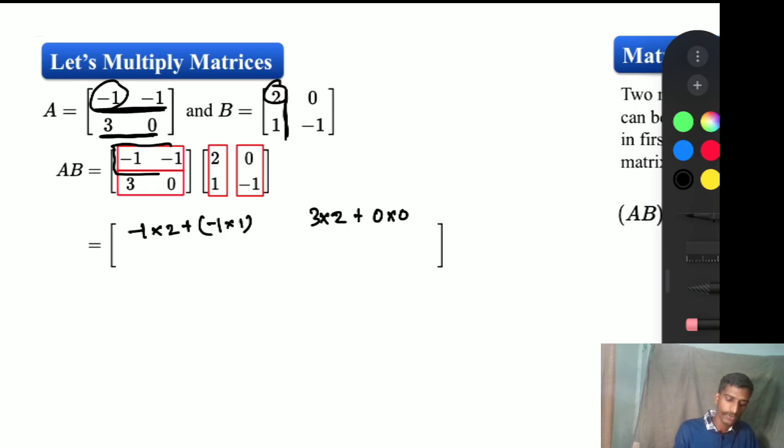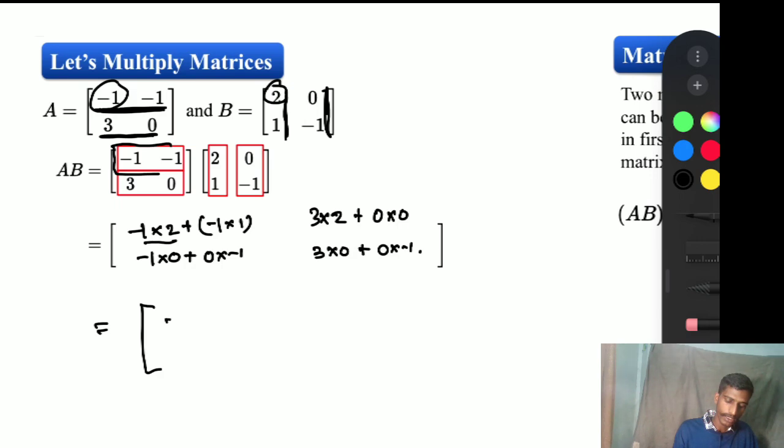Now we'll move to the next column. You can also do it vice versa. So here we'll get minus 1 into 0 plus 0 into minus 1, and 3 into 0 plus 0 into minus 1. So we'll get a value.